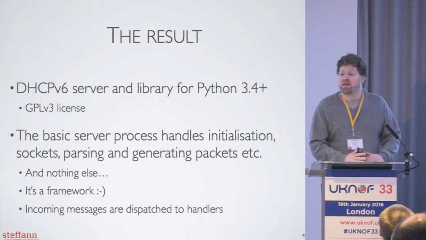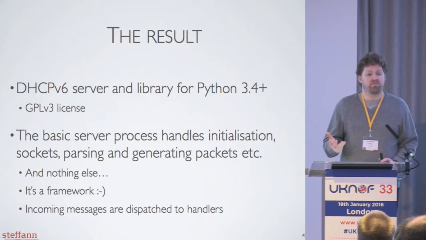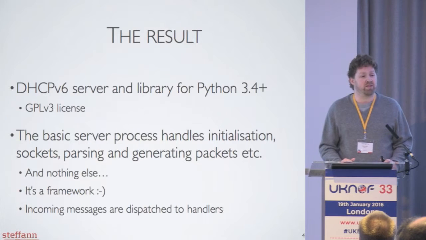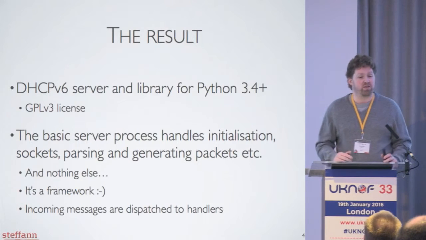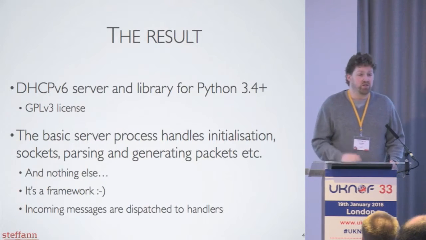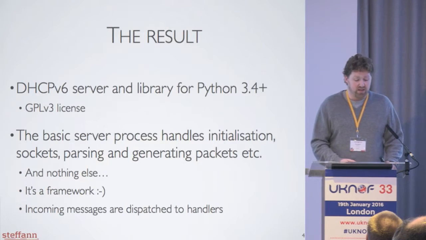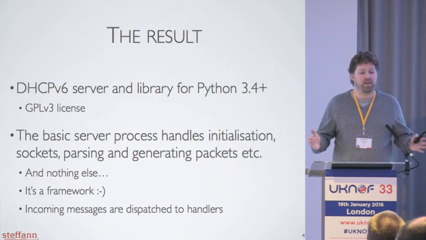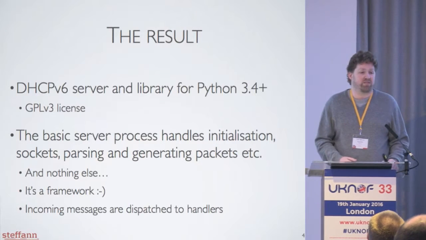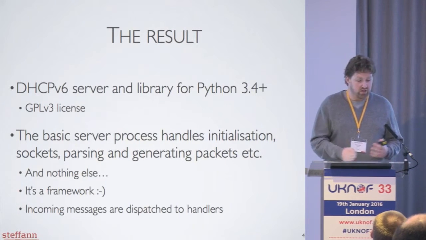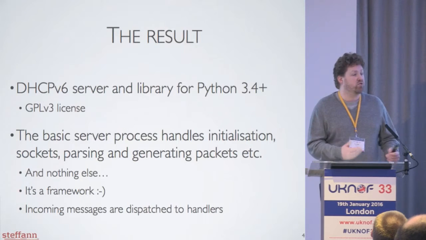Now, the way I built it is that I didn't build a full DHCP server. I just built components. I built a toolkit. So there's a server component that listens on a network socket, accepts the request, can send a response, but everything in between is flexible. So you can just add handlers and implement your own.